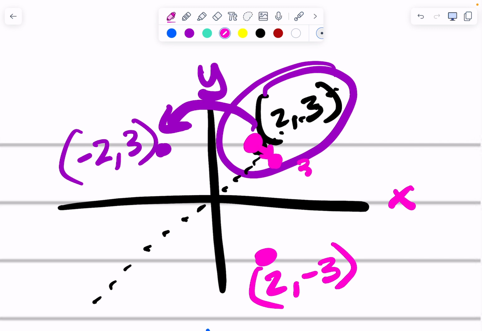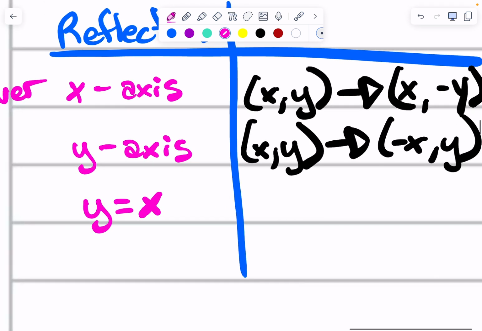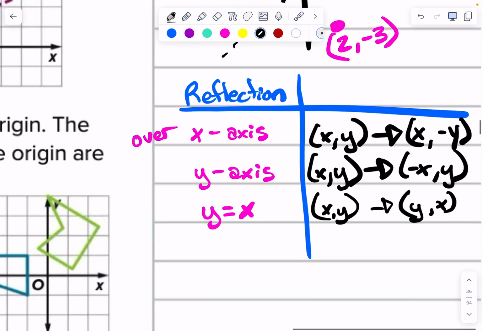He would become 3, 2. So what happened to him? What's his rule? x, y becomes y, x. Are you writing these rules down so they're all in one spot? Yes. Yep. Okay. That is for reflections. Got it?